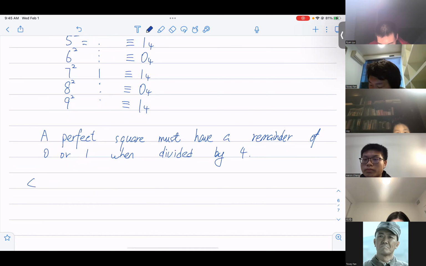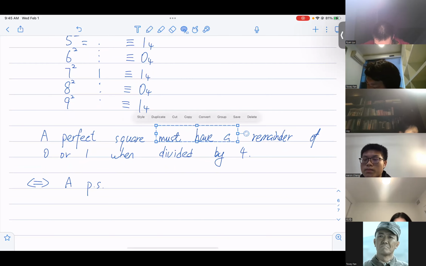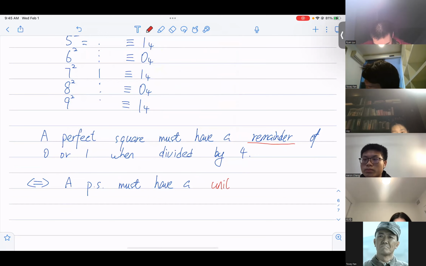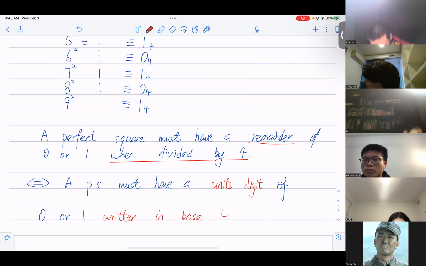So this is equivalent to saying a perfect square must have a unit digit of 0 or 1, where remainder can be changed to unit digit, and 'when divided by 4' is the same as 'written in base 4'.